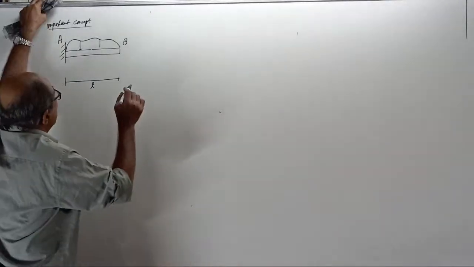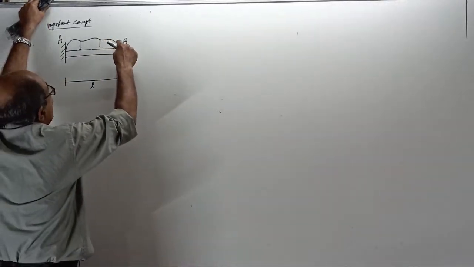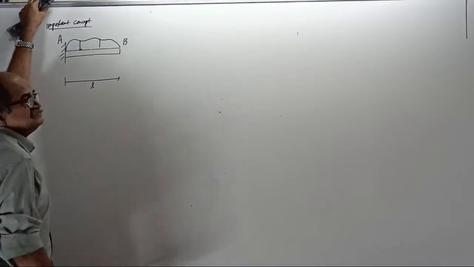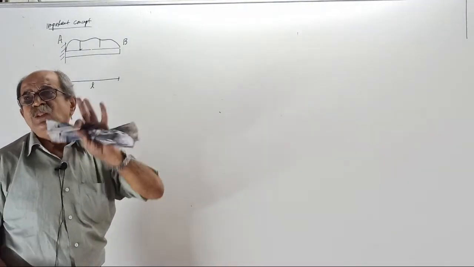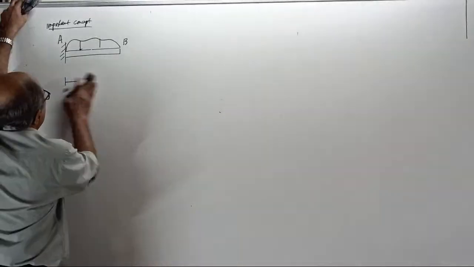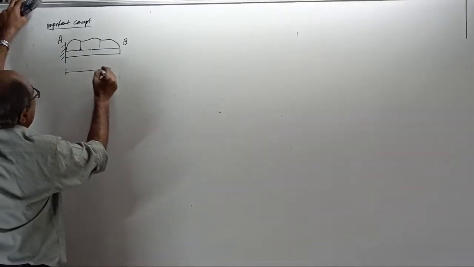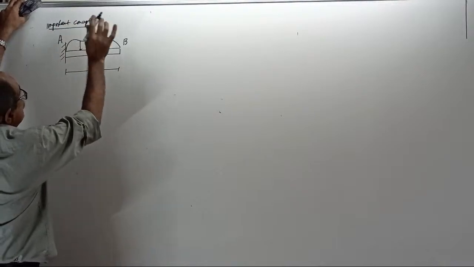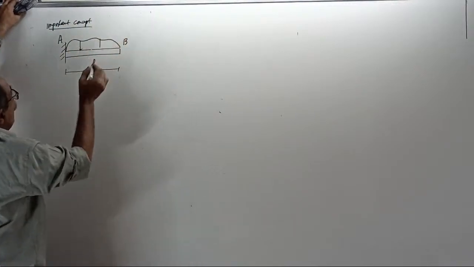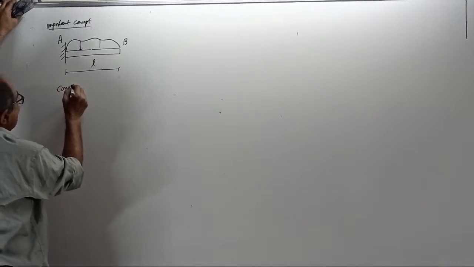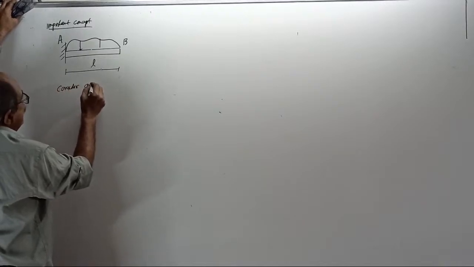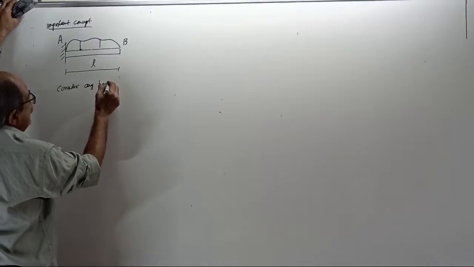But sometimes there will be a partial UDL on this side, or some loading given where the formula will not work out. In such cases, I'll do one thing. Consider any point in between.